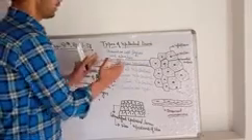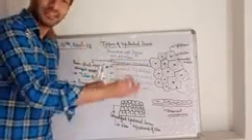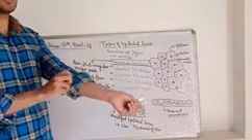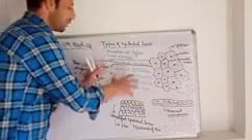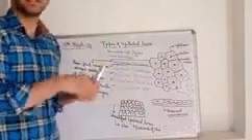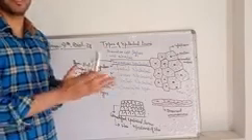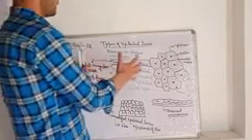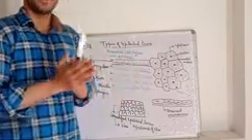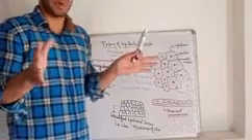Now the next point: where is this squamous epithelial tissue located within the body? We will discuss its occurrence, where you will find this squamous epithelial tissue. It is located in various parts of the body.